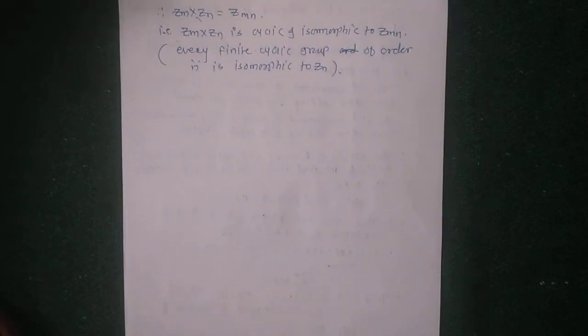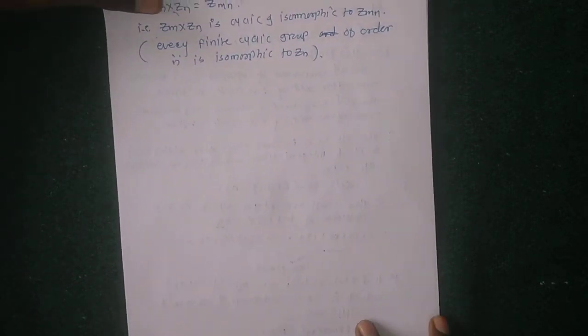Today we are going to discuss some examples on direct products, to find the order of elements in Zm cross Zn.